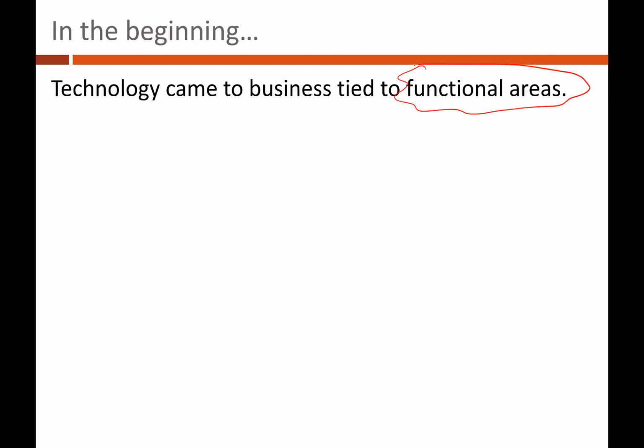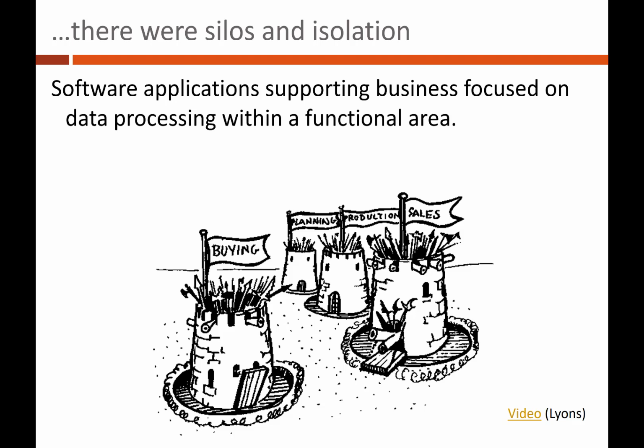So the people in accounting might have gotten a computer. The people in human resources might have gotten a computer. Different parts of the organization got a computer system to help them with the work they were doing in their individual functional area. And that was fine. That was very helpful to organizations. It enabled them to perhaps improve their business processes and do their work more efficiently. But it also created some problems that we still see today.